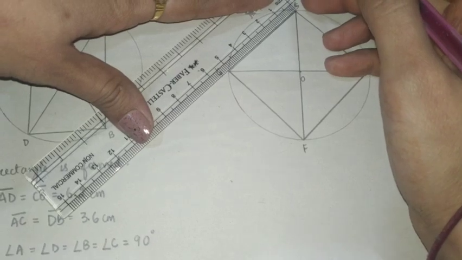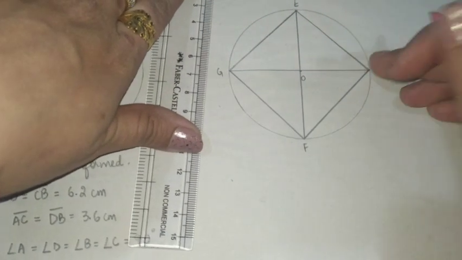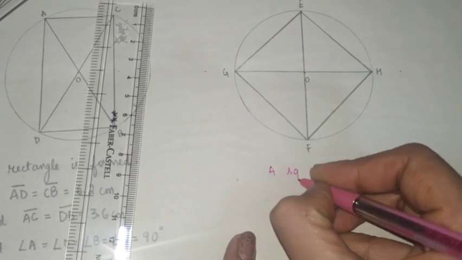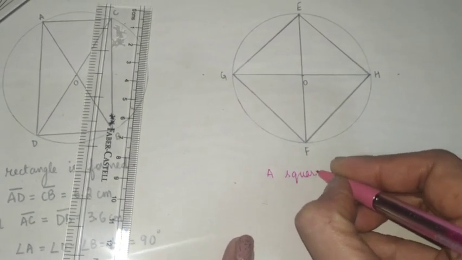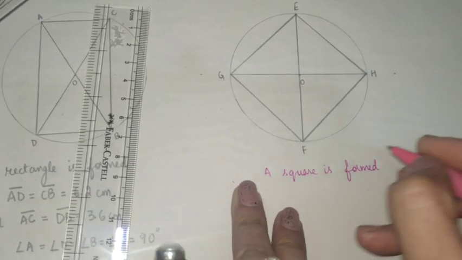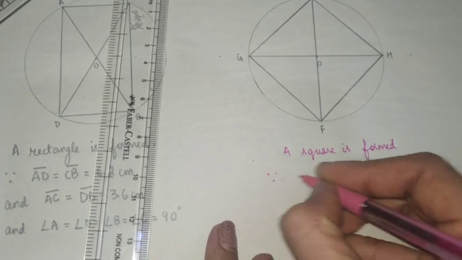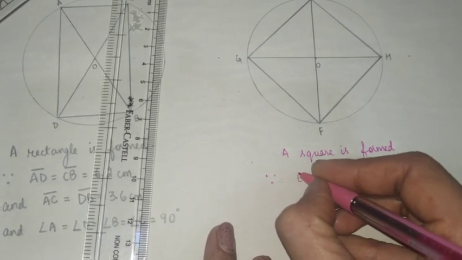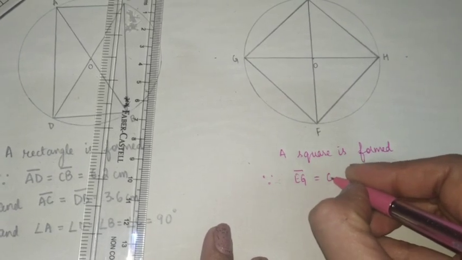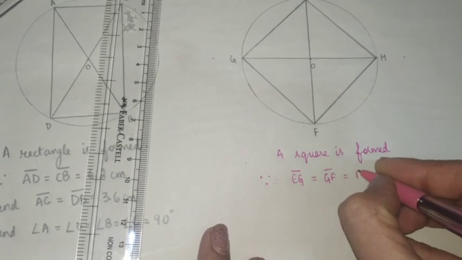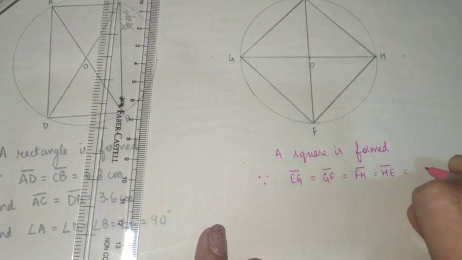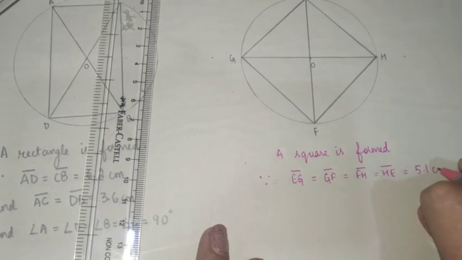Okay, 5.1 again. So it's 5.1 here also. Okay, so a square is formed since EG is equal to GF is equal to FH is equal to HE is equal to 5.1 centimeters.